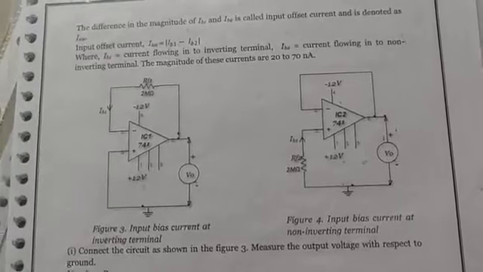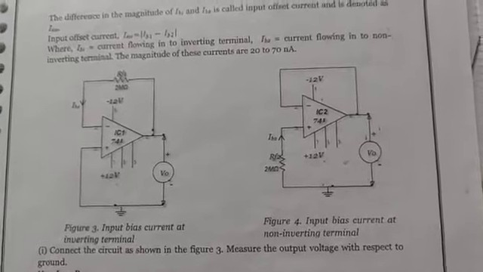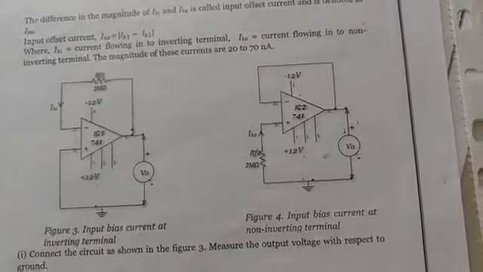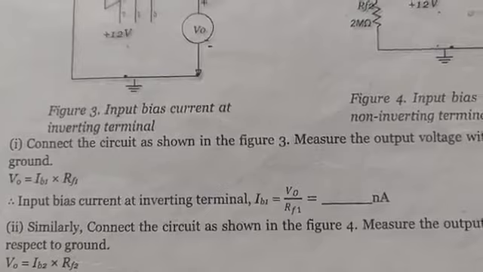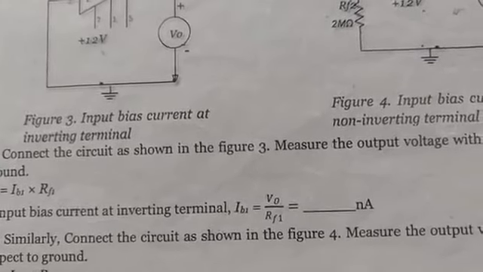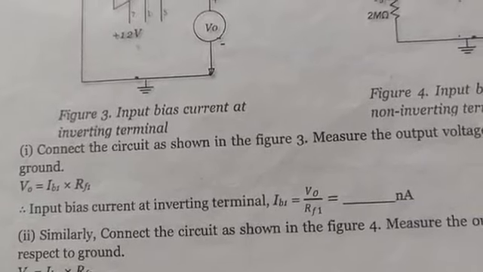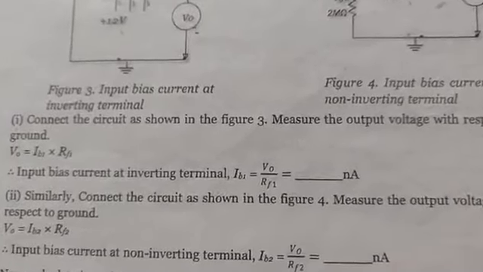The feedback resistance we are taking here is approximately 2 mega ohms, or 2.2 mega ohms. So the output voltage is nothing but IB1 into the feedback resistance, and if we divide the output voltage by the feedback resistance, we obtain IB1.